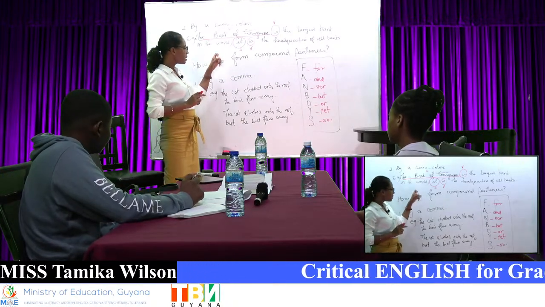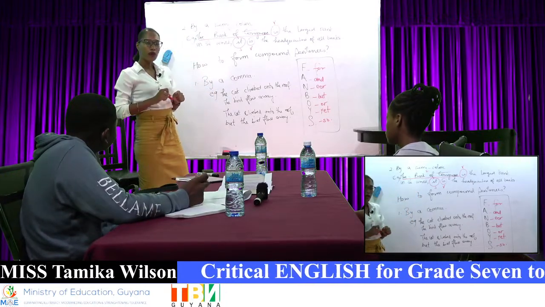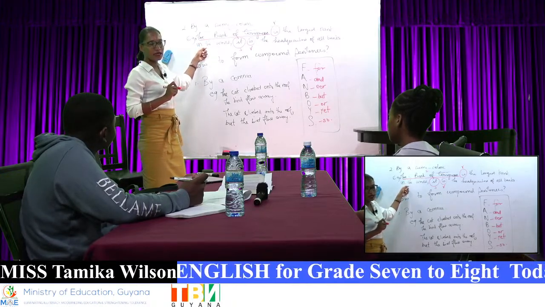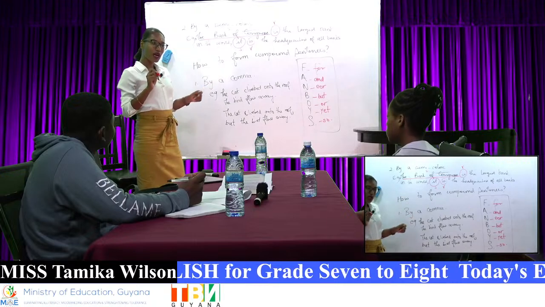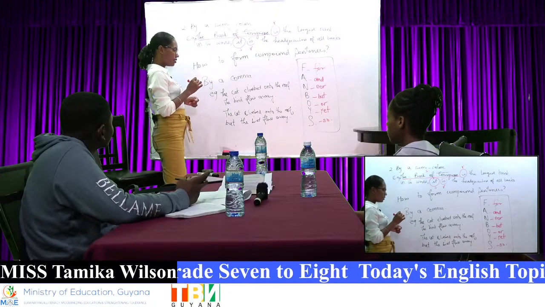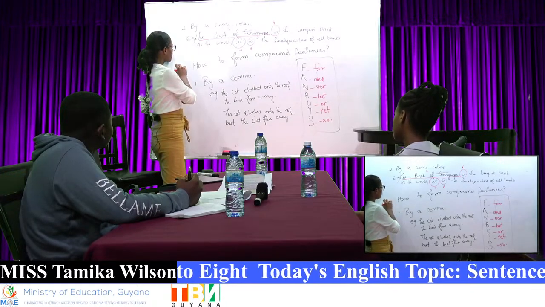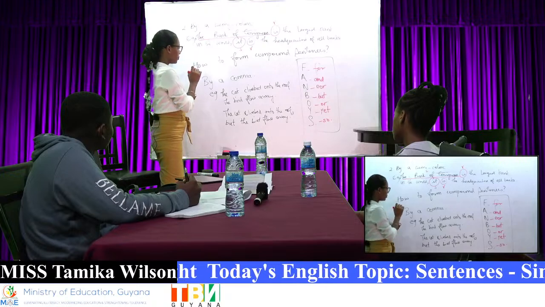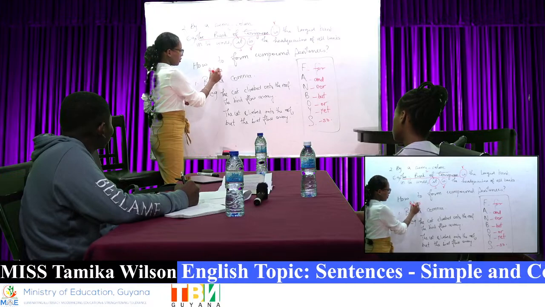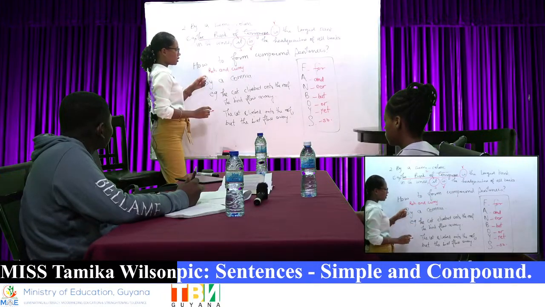One of the things we've got to be careful of, though, is not to confuse our compound subject with compound sentence. Remember we did compound subjects, two subjects joined by and. For example, roti and curry, right?